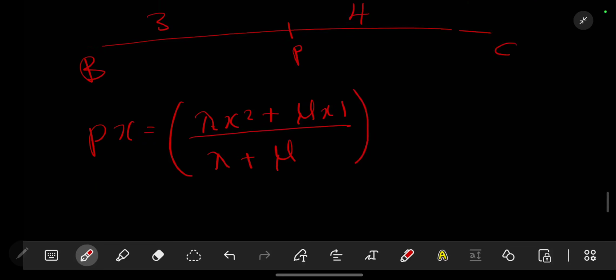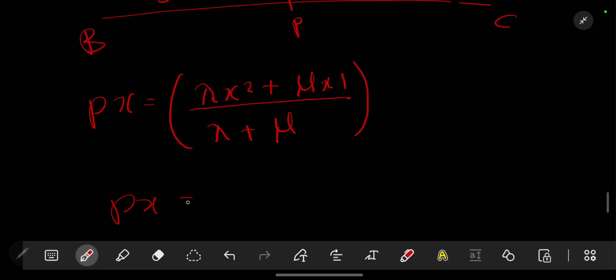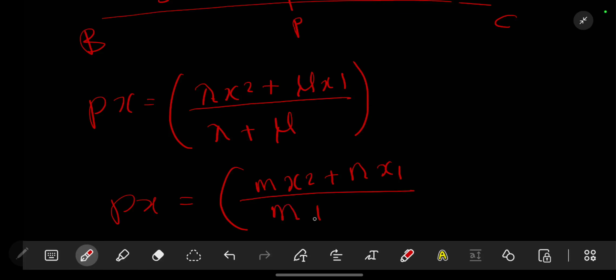Others use the formula for Px equal to m x2 plus n x1 over m plus n. Remember, lambda and mu are just numbers, so you can use any letters. If your lecturer insists on using this, you can use it.